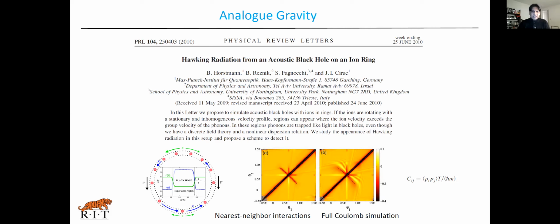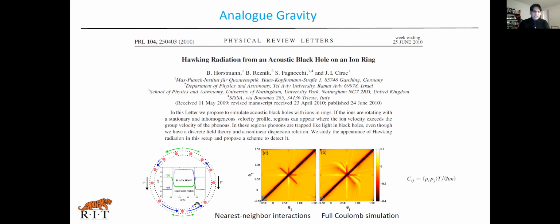Actually, if you could measure correlations between those two particles, they are entangled. They're in a two-mode squeeze state. So in this realization, you can actually reach inside the black hole and do momentum correlations with the particles that are outside and inside, and that's exactly what you see here. This is the correlation function plotting. So this is supposed to be a signature of Hawking radiation, as I understand it.